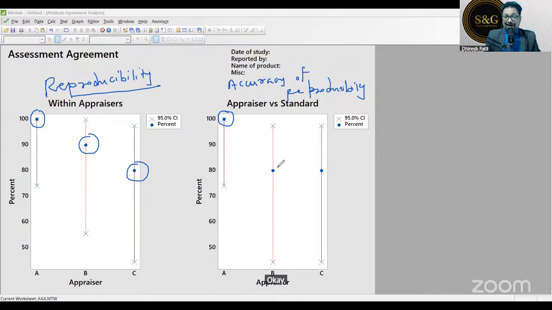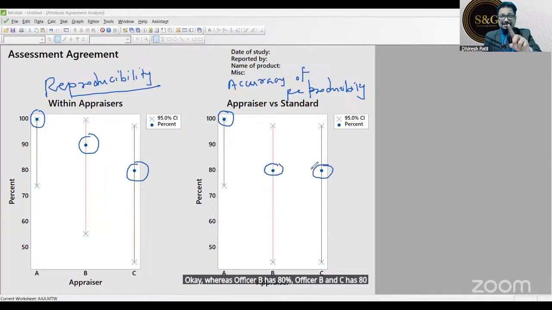Whereas officer B and C have 80% accuracy. That means if they are saying yes, yes, yes, yes, yes, truth is saying no. So there are 2 instances out of 10 where they are saying yes and truth is saying no, or they are saying no, truth is saying yes. That's where the first one is 100% accurate, second and third are 80% accurate.